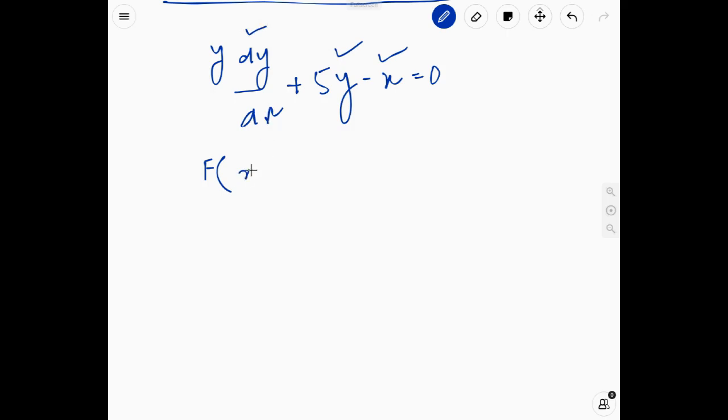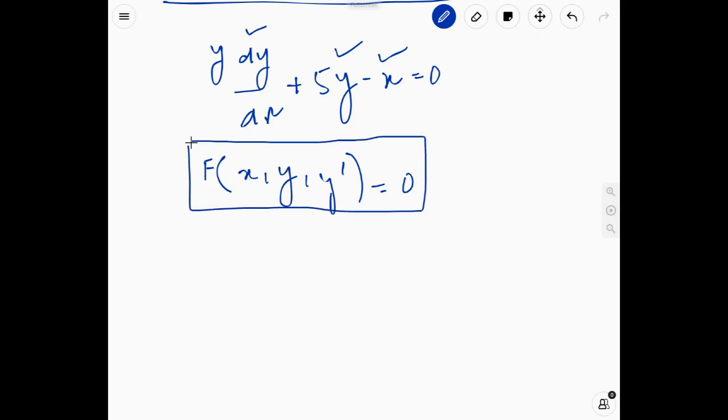So F is the function of x, y, and dy by dx, and dy by dx can be written as y prime, is equal to 0. So this is the general form of first order differential equation, and it is applicable for both linear and non-linear first order ordinary differential equations.